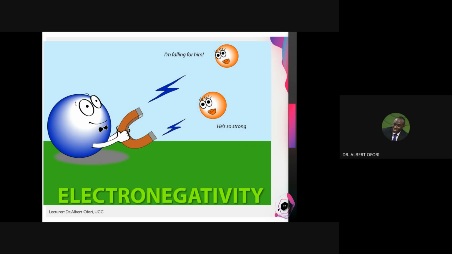Now, the basic explanation is that you see how the noble elements behave. They have 8 electrons at their valency, and that makes them inert. That makes them non-reactive. So every element wants to draw electrons to itself to behave like this noble element. We call that the Lewis theory.